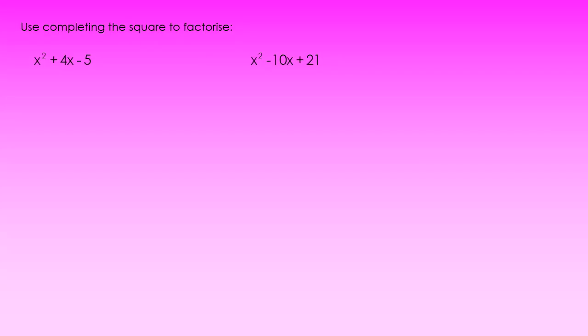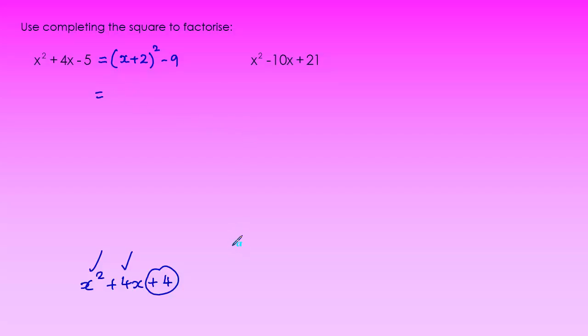We now want to use completing the square to factorize the following. So if we complete the square on this one, that's going to be x plus 2 all squared. Now that would give me x squared, add 4x, add 4. So we get those two. We get a plus 4, but we want a minus 5, so we need to subtract 9. Now we know the difference of two squares. A squared minus b squared always factorizes to a minus b, a plus b.